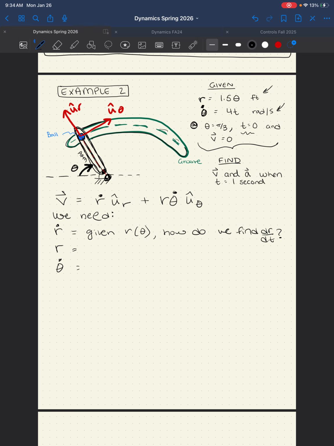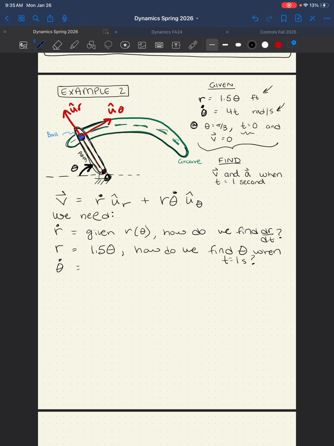Now, r is given to us as 1.5 theta, and we need to know r when t equals 1 second. So then my question is, how do we find theta when t equals 1 second? We need to find out what theta is at 1 second in order to know what r is at 1 second.